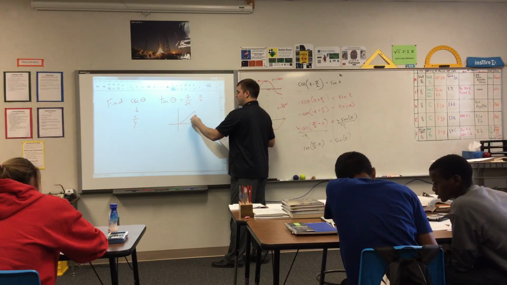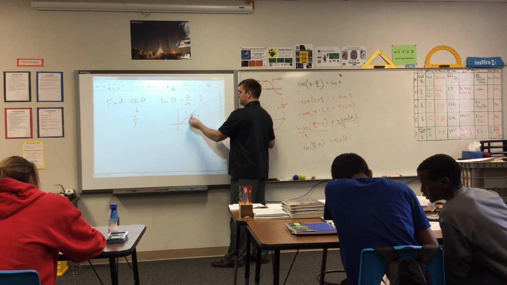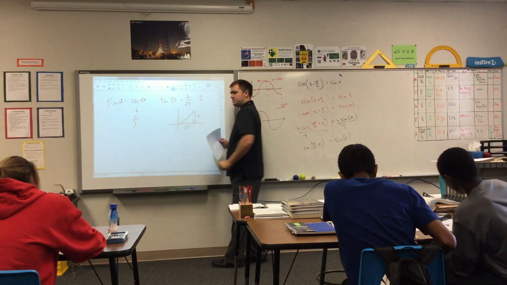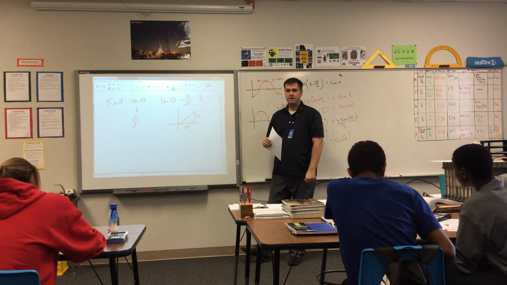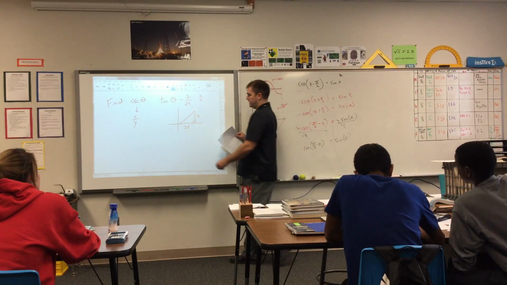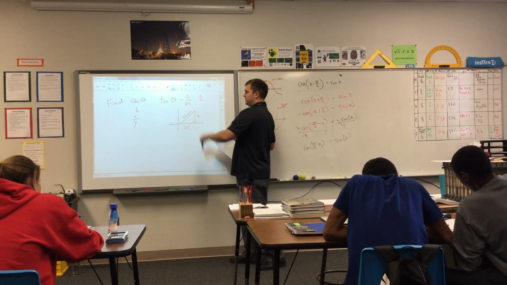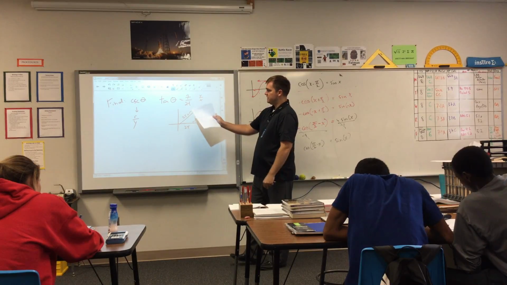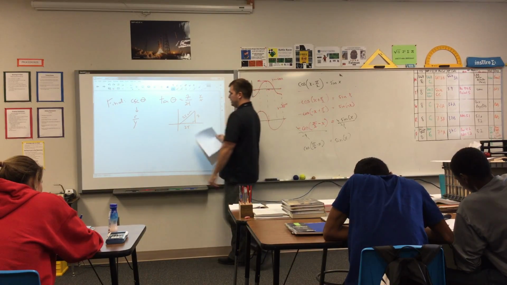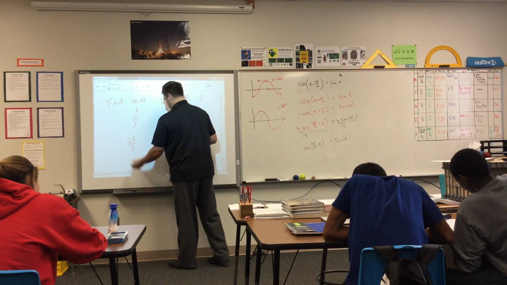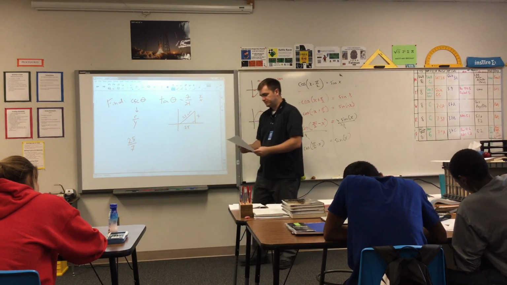So my y, not to scale obviously, is 7. My x is 24. Uh-oh, I don't have that one memorized. Maybe you do. It's actually one of my favorite Pythagorean triples. 25 here for my r, using the Pythagorean theorem. So cosecant, since it's r over y, is going to be 25 over 7.